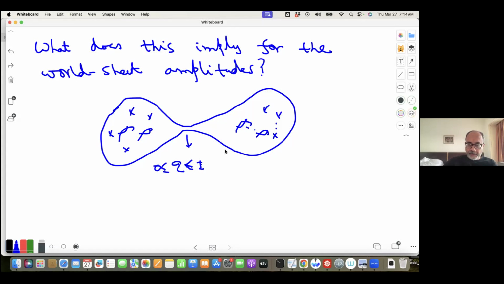Now this of course is a property of CFT, that the CFT correlator factors into the product like this. That's the reason why we can interpret these diagrams in terms of string field theory diagrams.